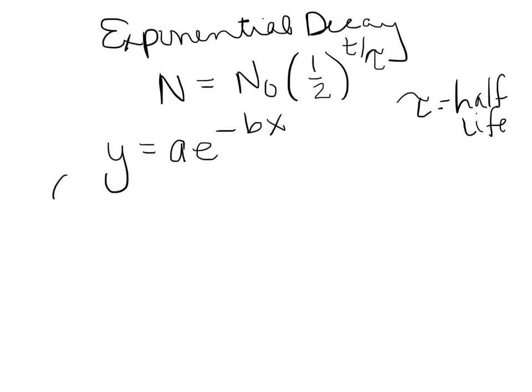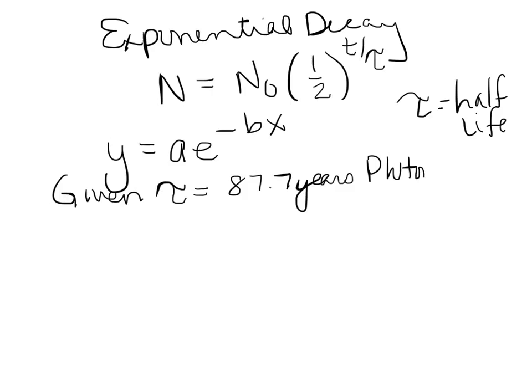So one thing that's fun to do is to go back and forth between the 2 forms. So if I gave you the half-life is 87.7 years for plutonium 238. So this one actually for plutonium decays very, very quickly compared to the longer-lived plutonium, much, much longer.